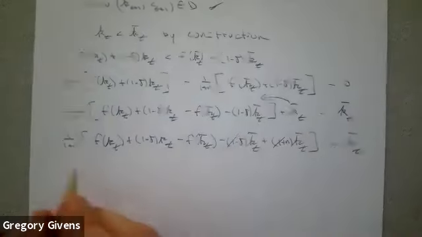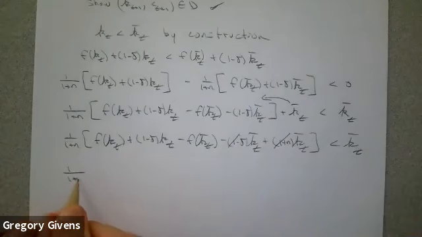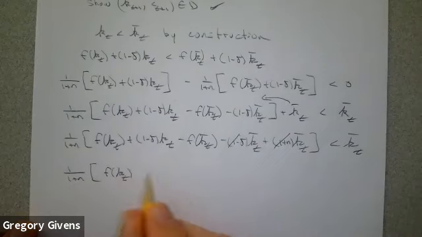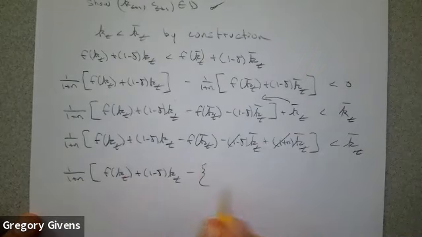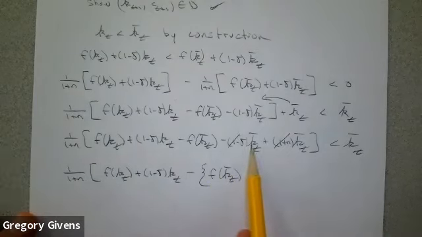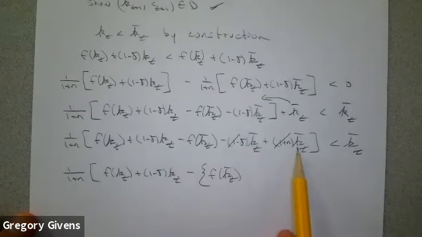And the whole thing can be written as 1 over 1 plus n f of k plus 1 minus delta k, minus quantity f of k bar. And what are you left with? You're left with a delta k bar and an n k bar.